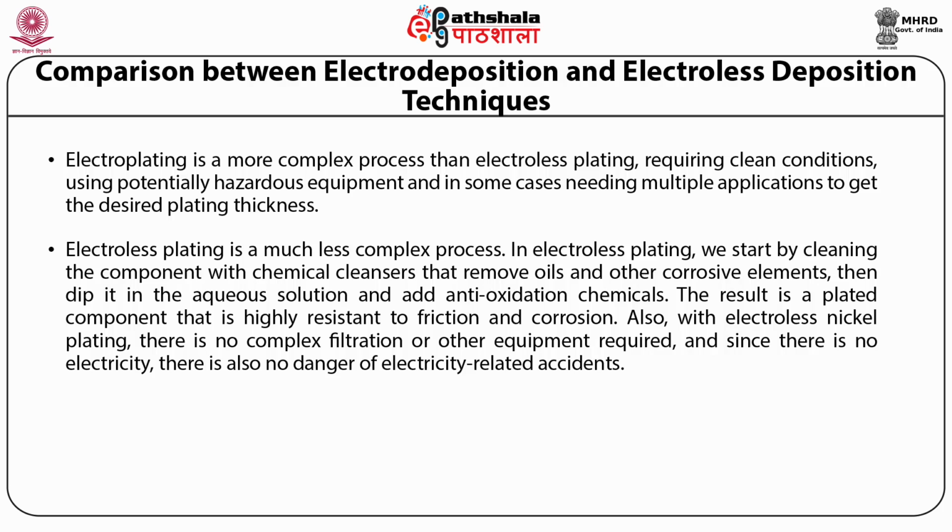In electroless plating, we start by cleaning the component with chemical cleansers that remove oils and other corrosive elements. Then dip it in aqueous solution and add anti-oxidation chemicals. The result is a plated component that is highly resistant to friction and corrosion.